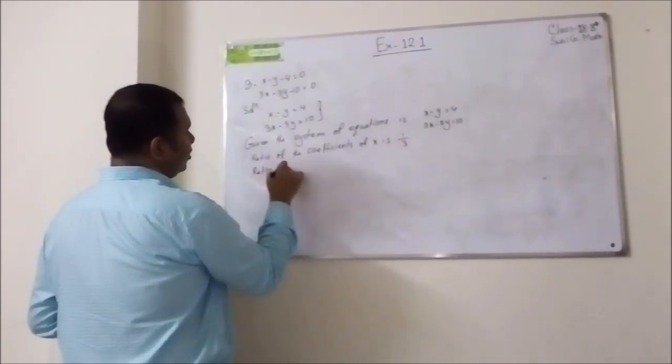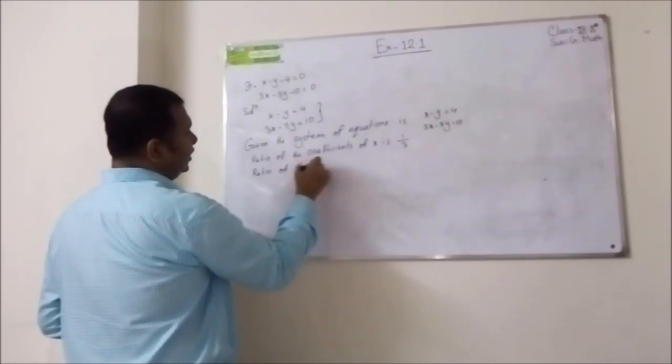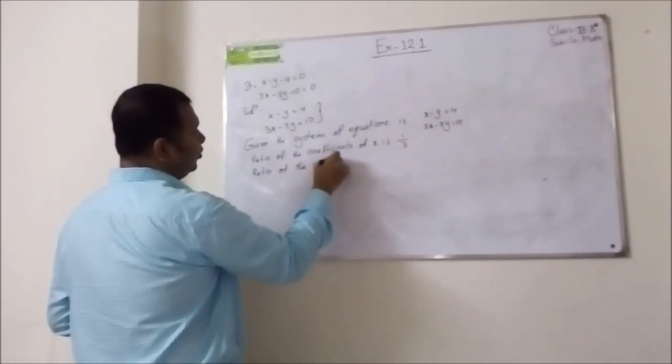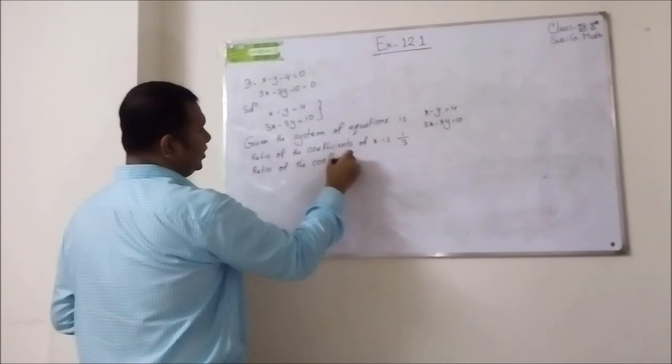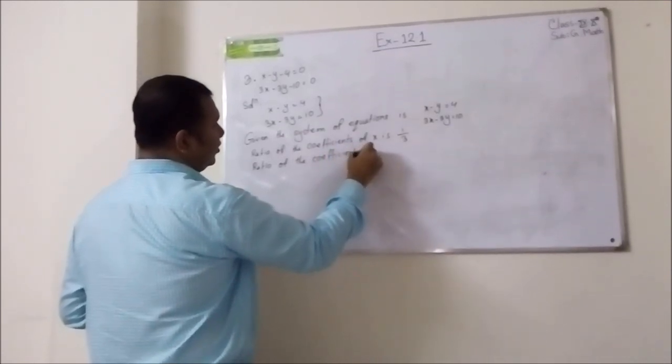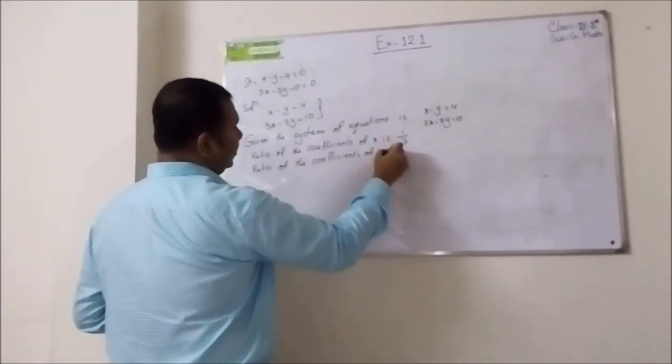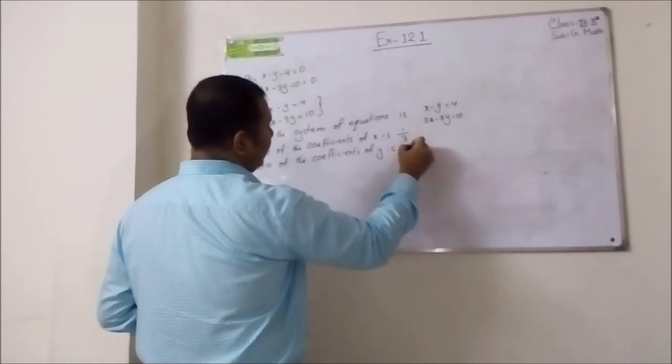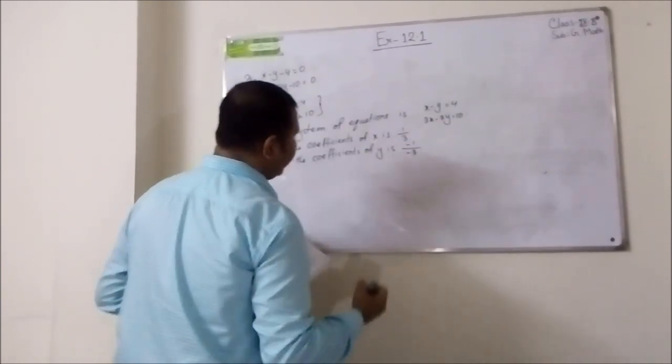Ratio of the coefficient of y is minus 1 by minus 3.